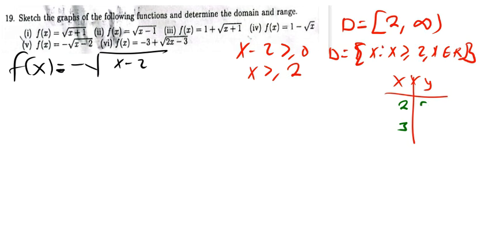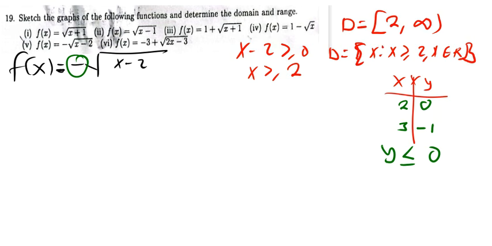I'll put 0 there. 3 minus 2 is 1. The square root of 1 is 1. 1 times negative outside is negative 1. I'm done. Now, you can clearly see that you're starting from 0, then negative, meaning that y should be less than or equal to 0. Starting from 0, but it is going down. It is not increasing, it is decreasing.